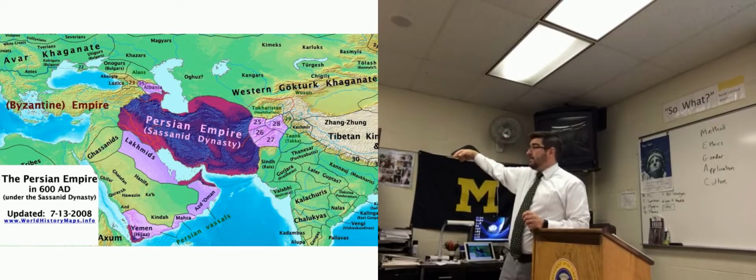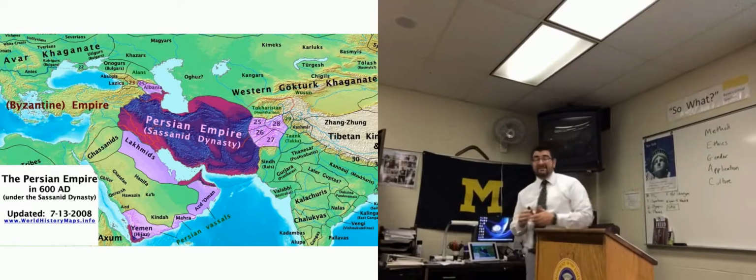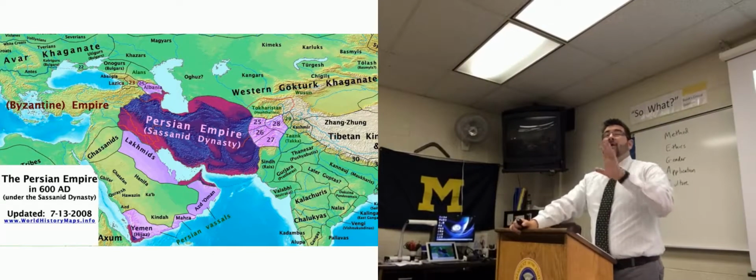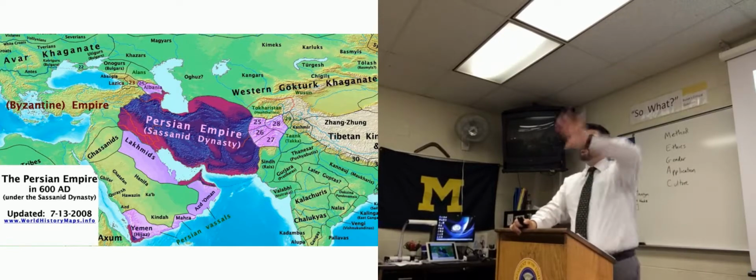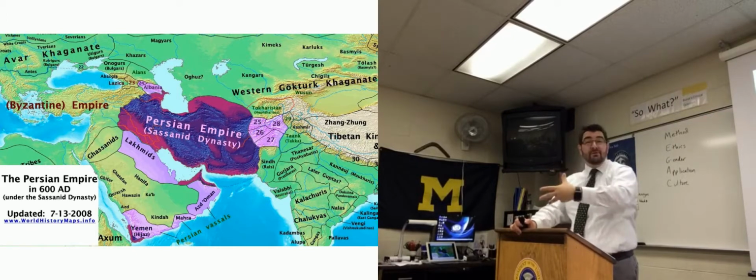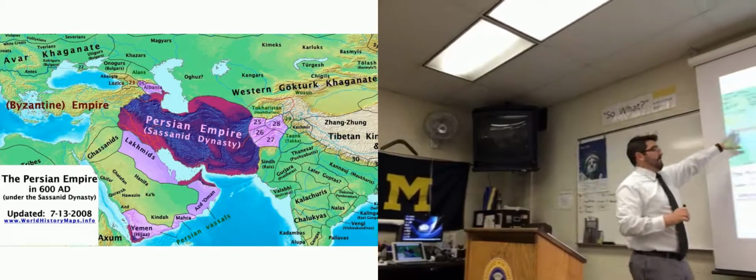What city is that? Byzantium, which becomes known as Constantinople because of Emperor Constantine. Today it's Istanbul. So when Rome falls, it's just the fall of the city of Rome and the Western Roman Empire. The Eastern Roman Empire continues, but under a different name.